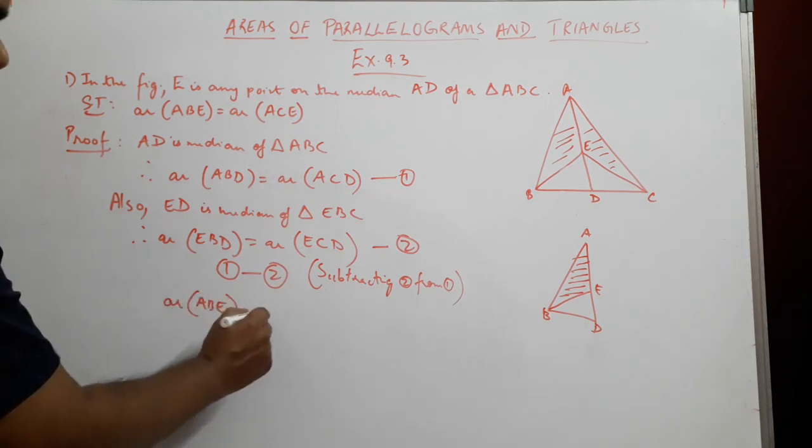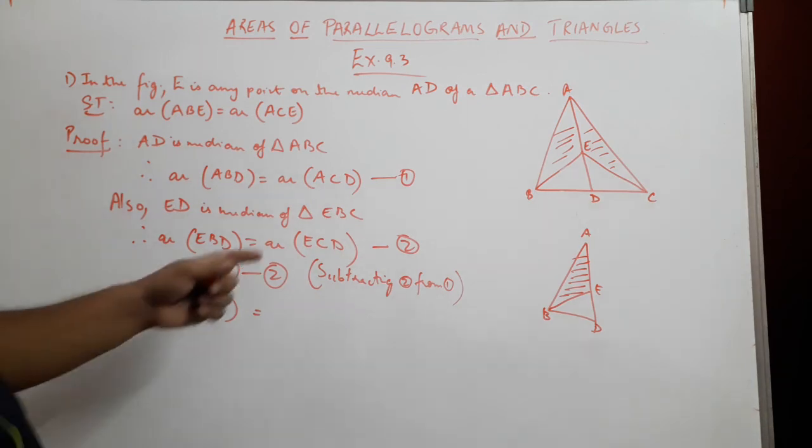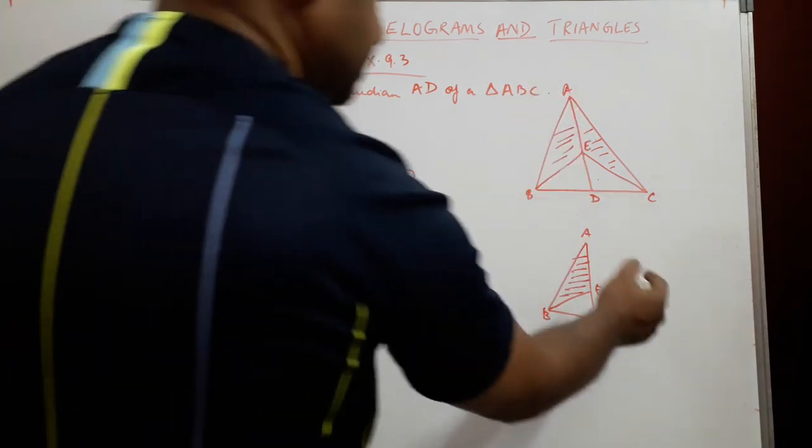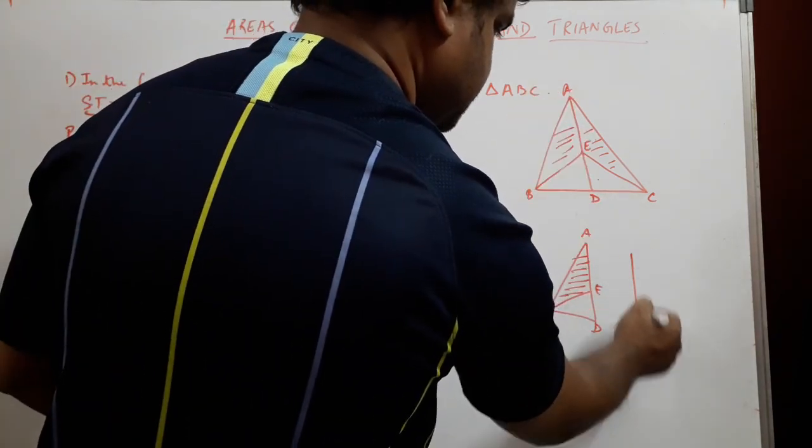Now coming to the right hand side, if we subtract this part from this entire triangle, I'll draw this triangle.